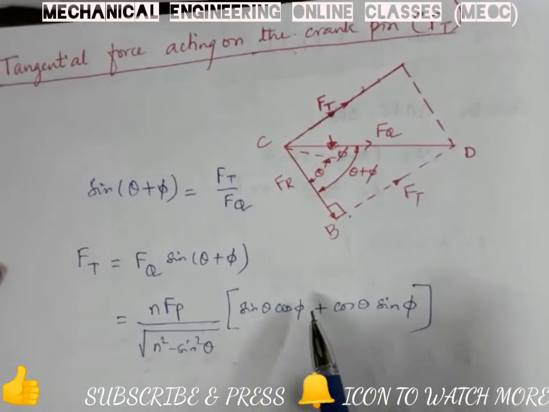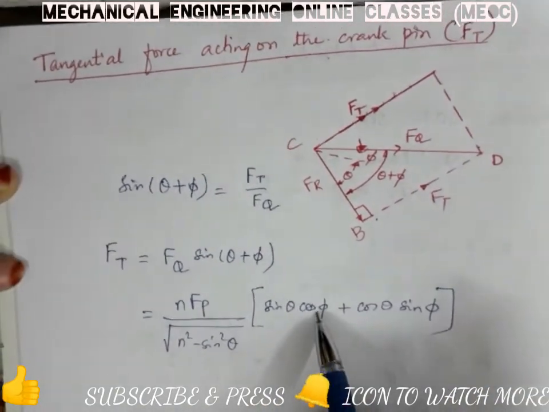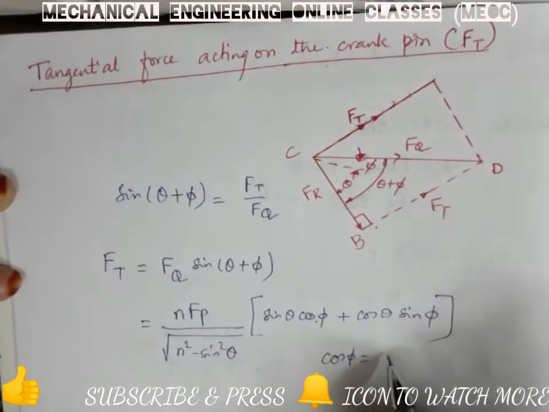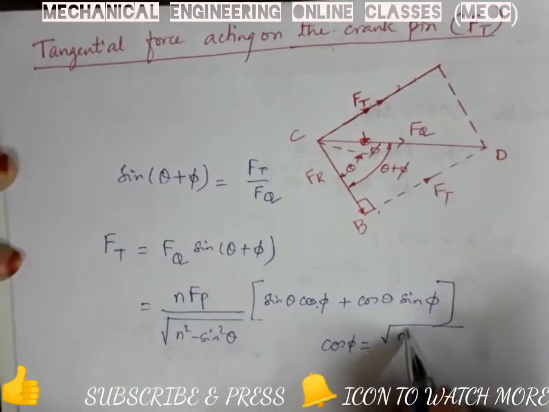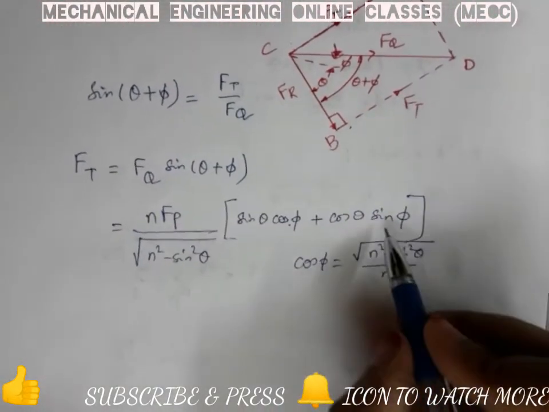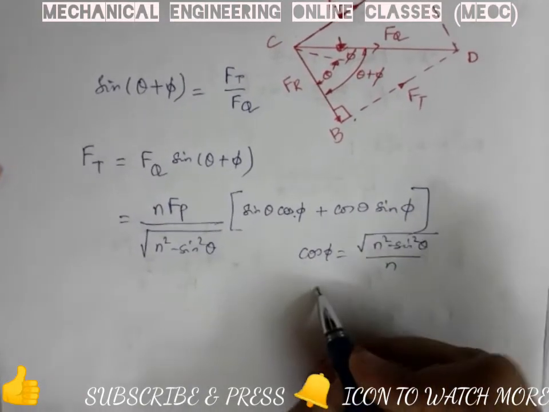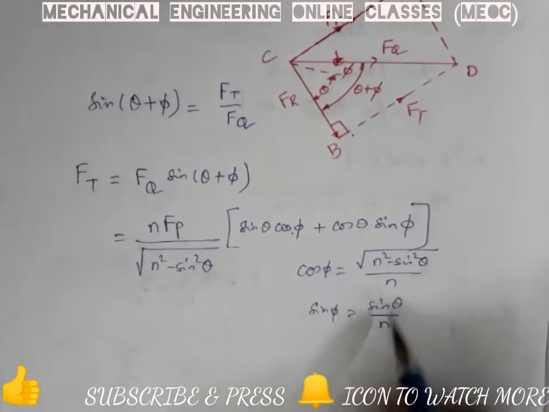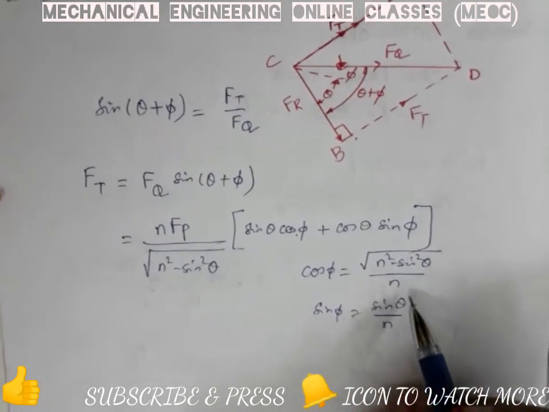And we also know the relation between cos phi and sine theta. Cos phi is nothing but root over n square minus sine square theta by n. So substituting this here, and sine phi is also known to us. Sine phi is sine theta by n. So we have derived this in our previous videos.